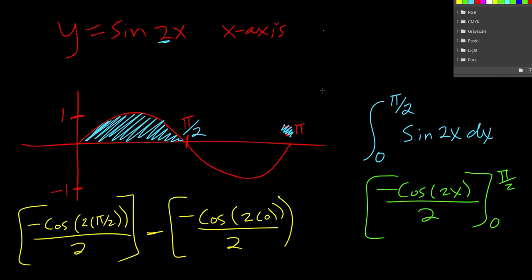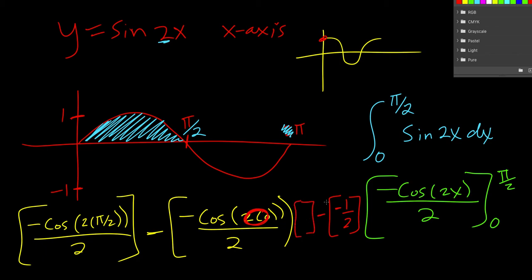Okay, so if we draw cosine, this just goes to 0, right? 2 times 0 is 0. Cosine of 0 is 1, and so this entire thing becomes negative 1/2. Okay, now we're going to figure out this thing.